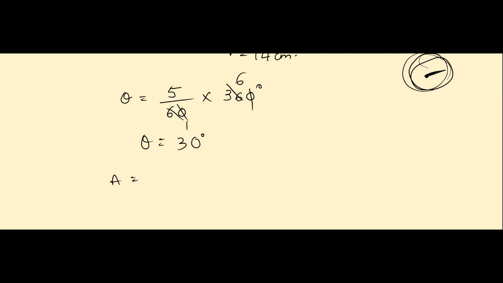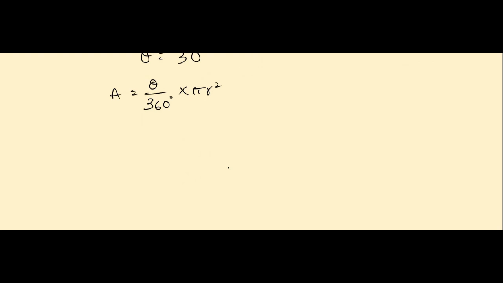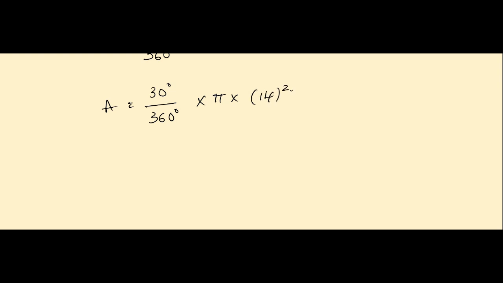A is equal to theta divided by 360 degree into pi r square. So theta we have found out, that is 30 degree divided by 360 degree into pi r square, where they have given the radius, that is 14 square.